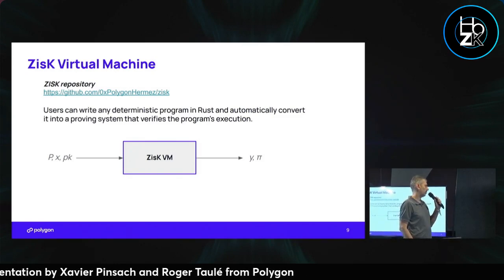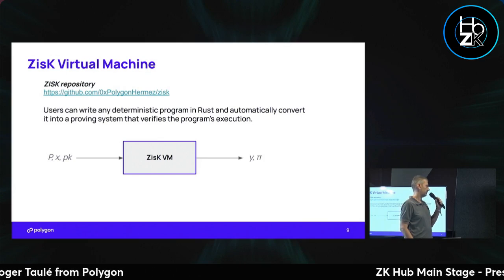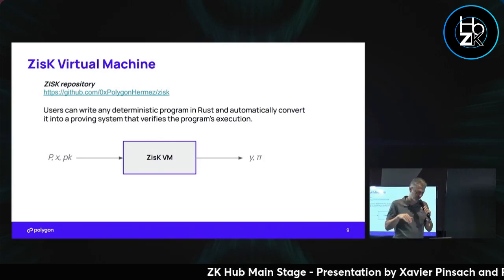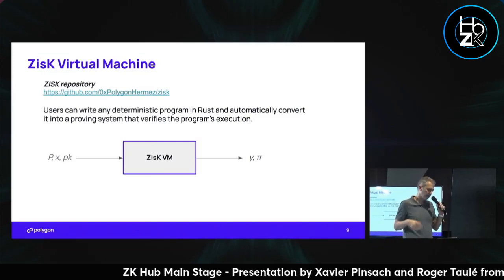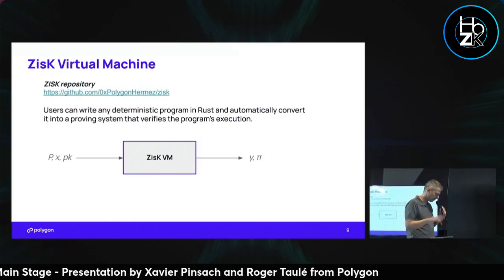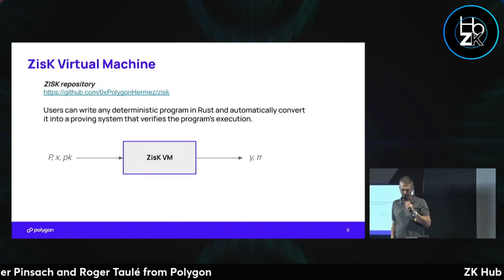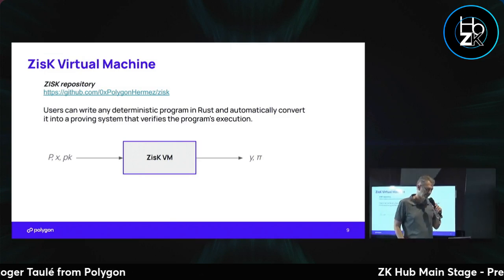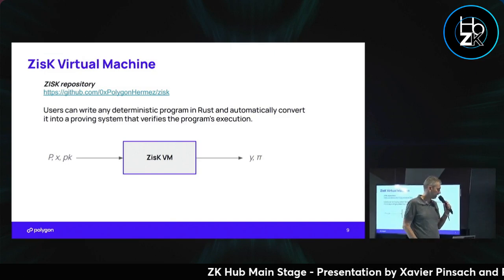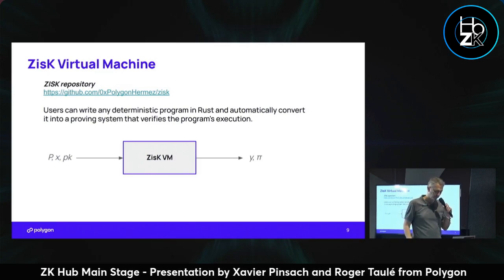This is work in progress, it is almost functional, but we are still working on some state machines, precompiles, and so on. The functional specification is that a user should be able to write any deterministic program in Rust, at the moment in Rust, and automatically convert this program into a proof, okay?